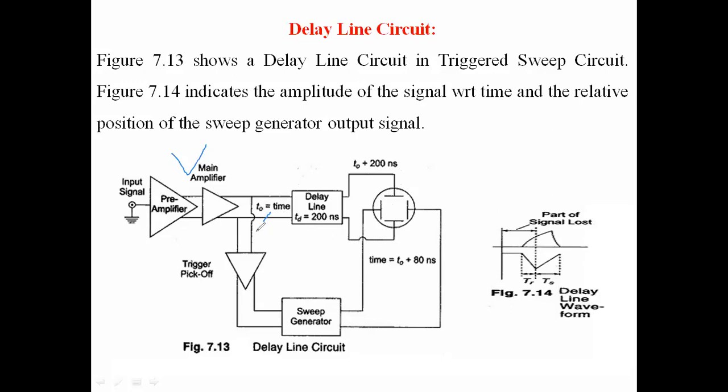But after time t0, the signal is applied to the trigger generator, the sweep generator, and through the horizontal amplifier section. While moving through these sections of the horizontal deflection system, it takes some more time, about 80 nanoseconds.